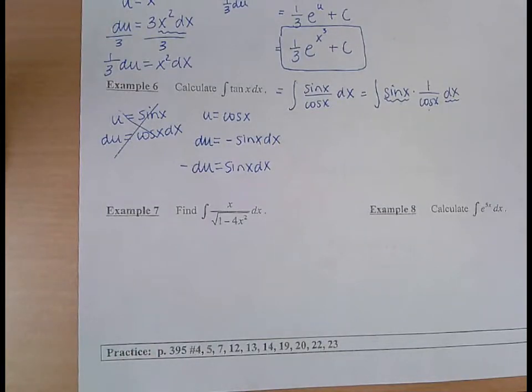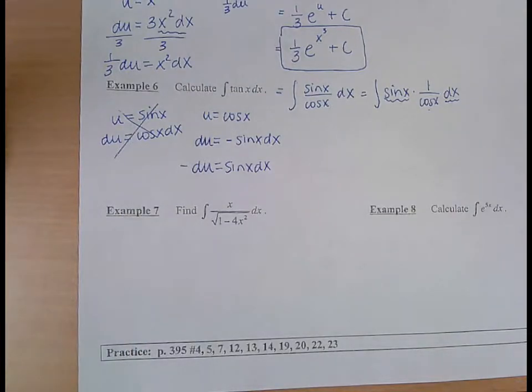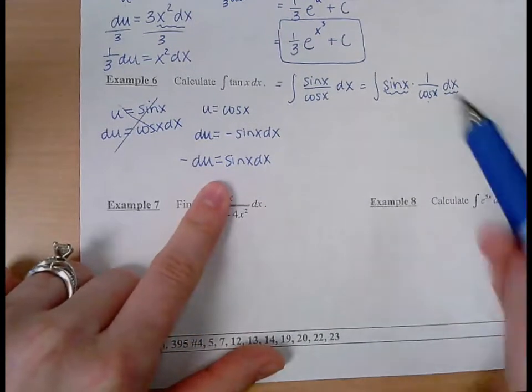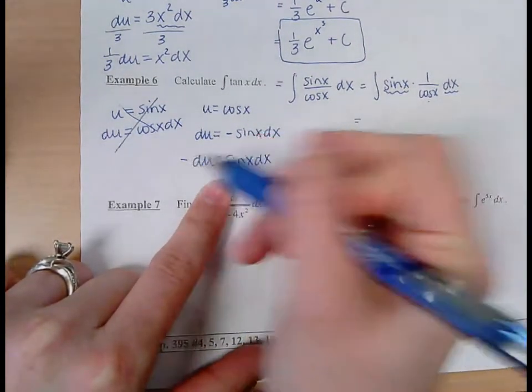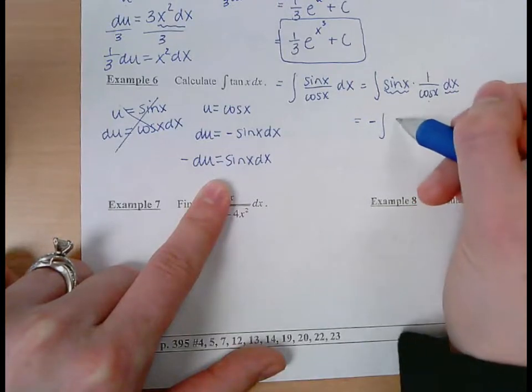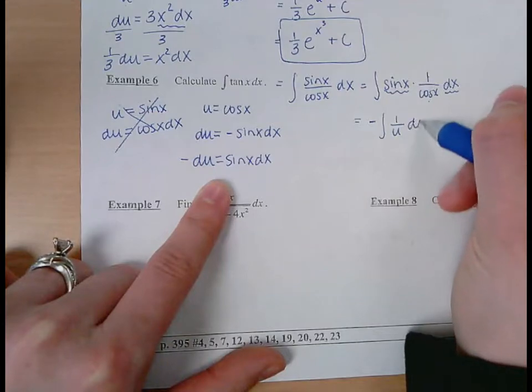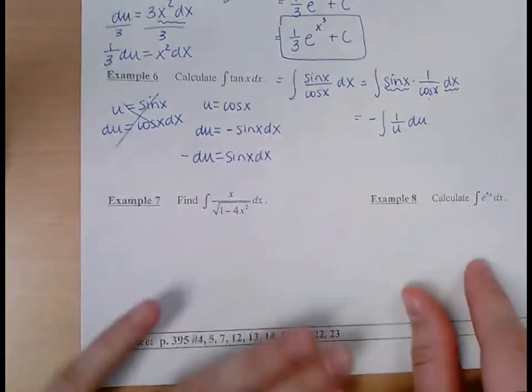Double check. That's how you know if something works or not: is it going to be replaced exactly the way I'm writing it? In this particular integral, if I chose u as sine of x, it would not work. So now this integral becomes, I need the negative in there, and it's the integral of 1 over u, and sine of x dx becomes the du with the negative in front.